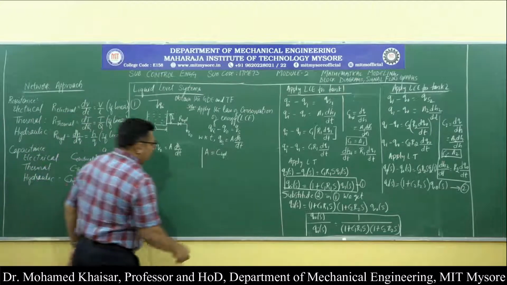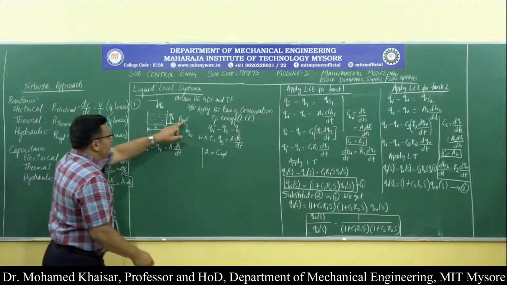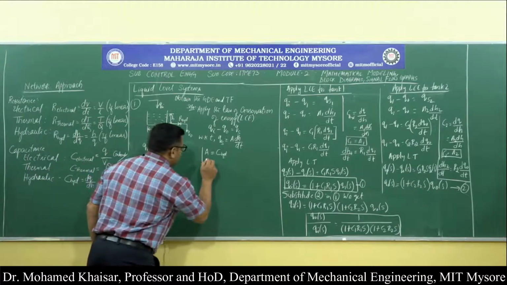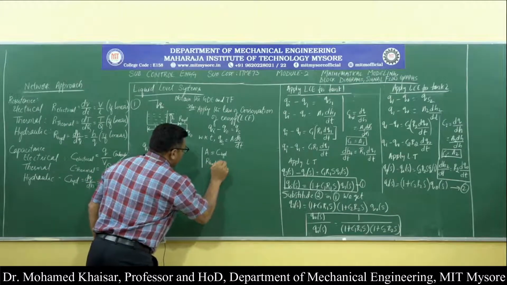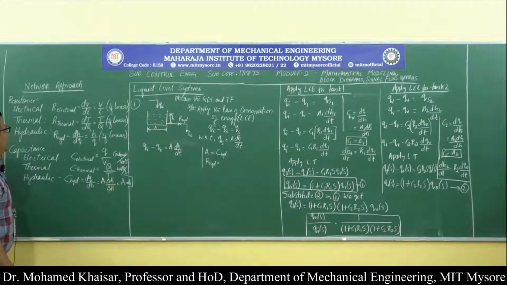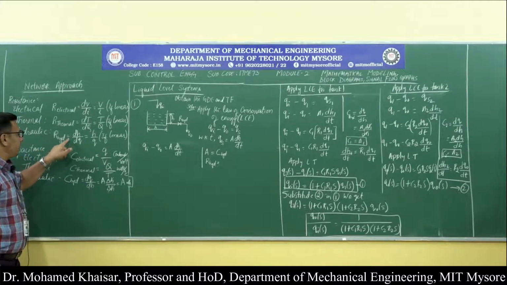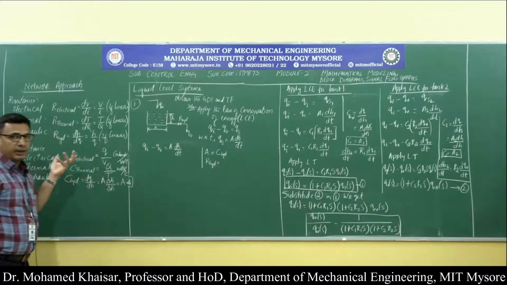Then we also know that the resistance offered over here is hydraulic resistance. According to the network approach, when we consider resistance in the hydraulic system, R hydraulic is equal to dH by dQ. We don't know whether the system is linear or not.